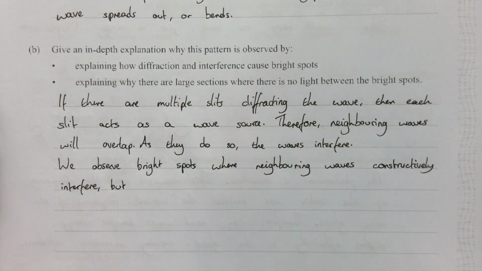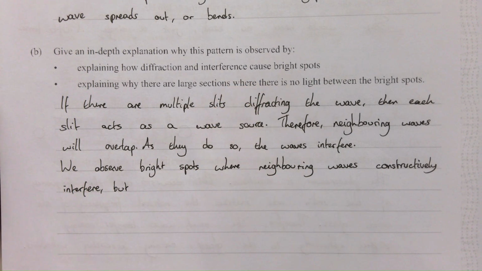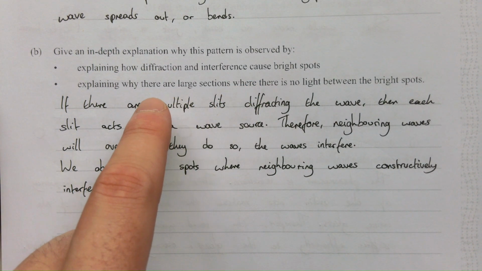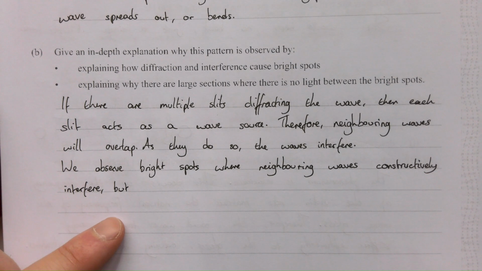But now we're going to get into why there are dark spots as well. In that first bit of the sentence, we've explained why there are bright spots, but now we're going to talk about why there are no light spots to begin with, and then we'll explain why they are big compared to the bright spots.